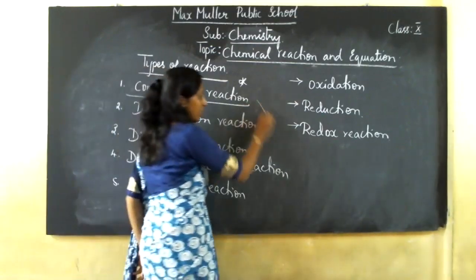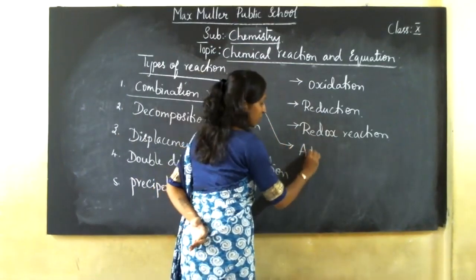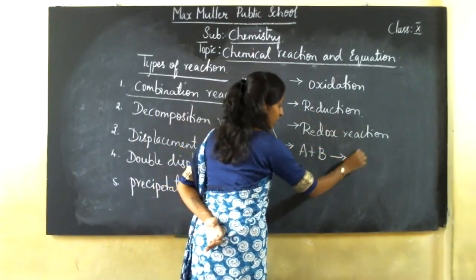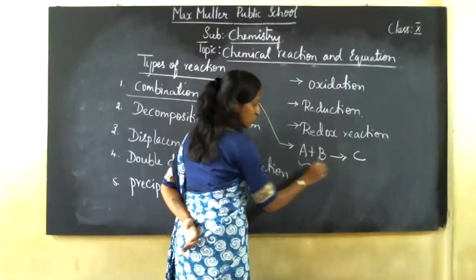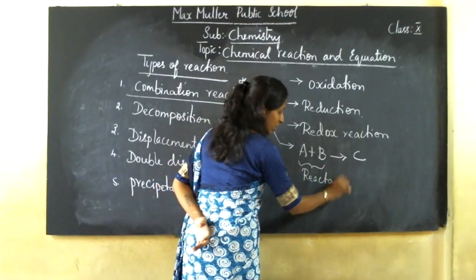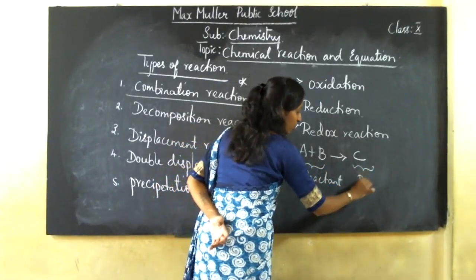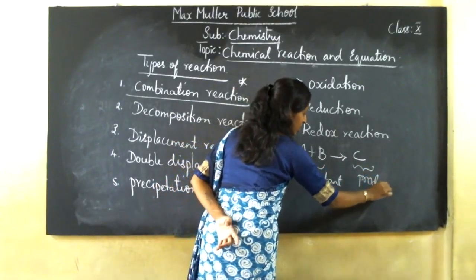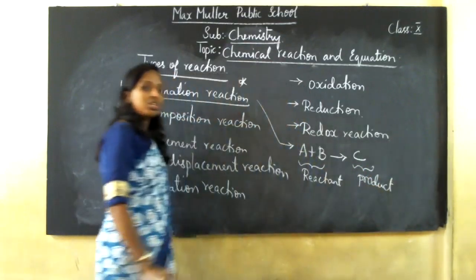For example, A plus B gives C. That means A and B, two or more reactants, give what, children? A single product. This reaction is called a combination reaction.